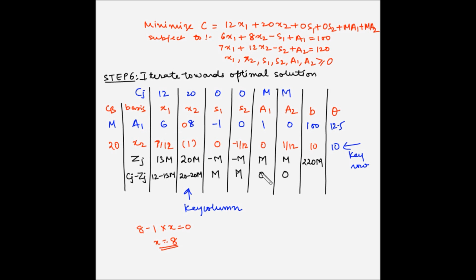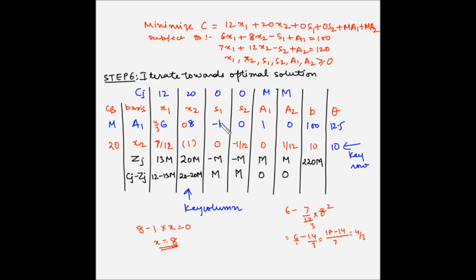So 6 minus 7 by 12 into 8, because 8 is the value that we got here. So 4 2s are 8, 4 3s are 12, 6 minus 14 by 3, 3 is the LCM, 6 3s are 18, minus 14, so 4 by 3. So this is 4 by 3.